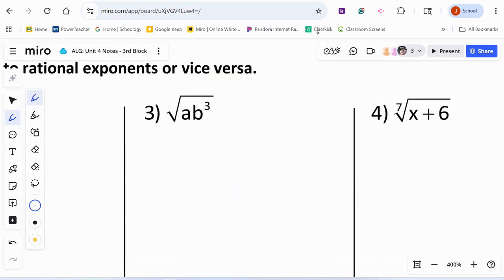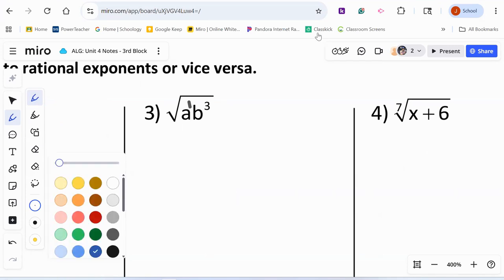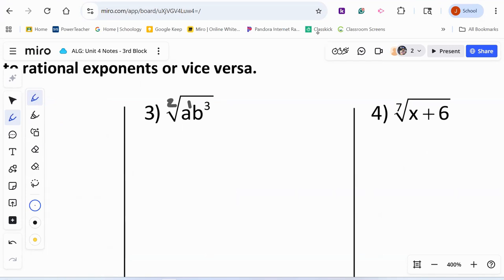When you have multiple factors, you can either do them individually or treat them as one whole here, right? We know that this is a to the first and b to the third. And we also know that this is a root of 2. We got a couple of ninjas in this example. Doesn't change anything. There is my denominator, and I am just going to do it separate for both a and b.